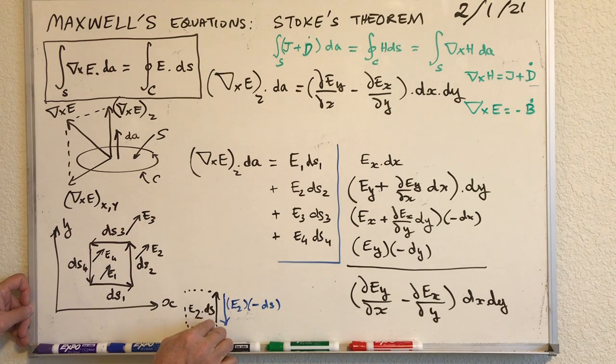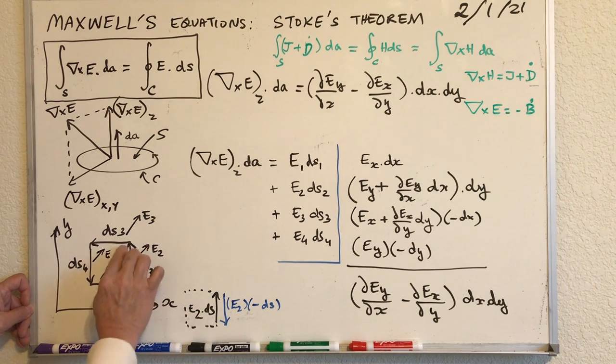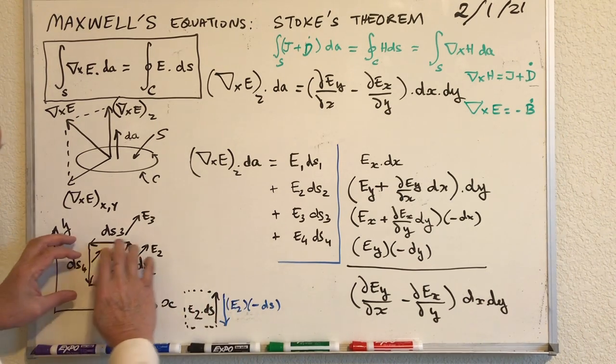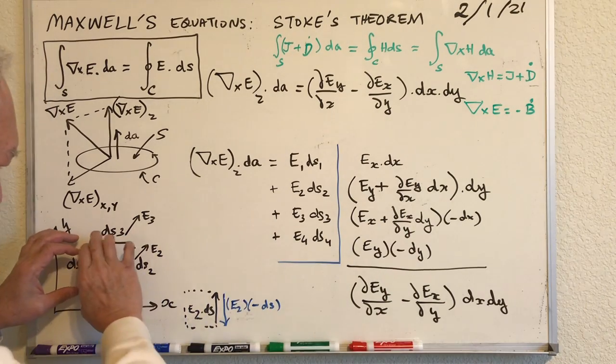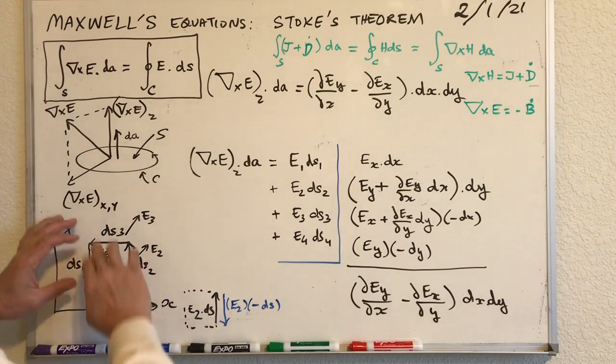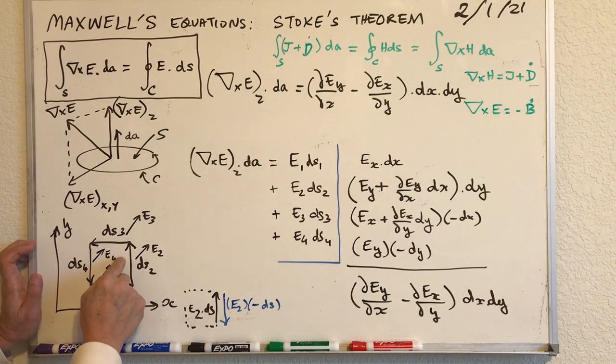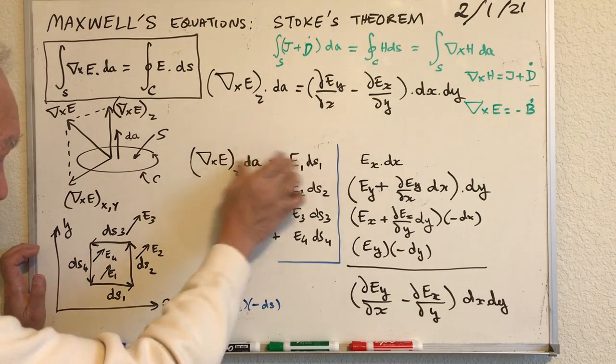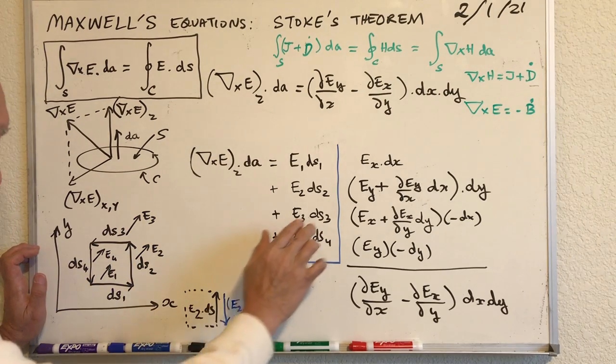That's why the multiplication of this one is E2 times ds, but on the adjacent cell, it becomes E2 times minus ds. So if you sum up all the ones inside an area like this, adjacent elements will always cancel out.